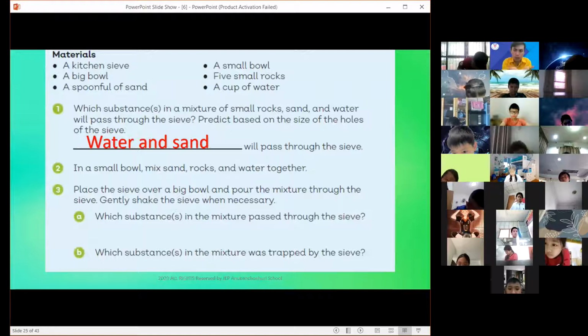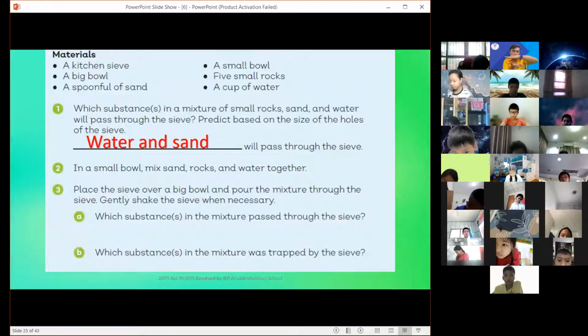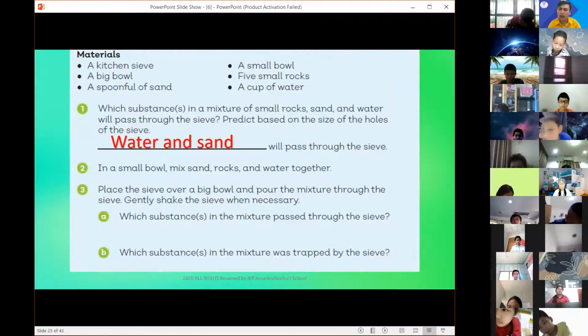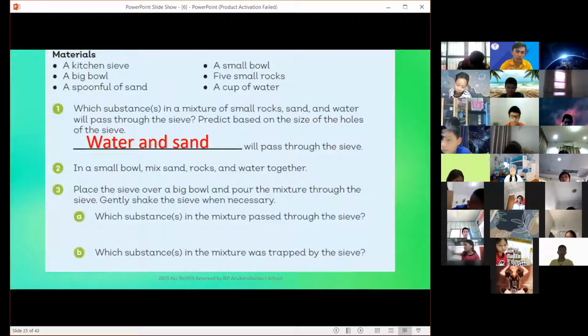So there's another bowl, a big one, and you're going to put the sieve on top of the big bowl and pour the mixture of sand, water, and 5 small rocks through the sieve, and gently shake the sieve when necessary.